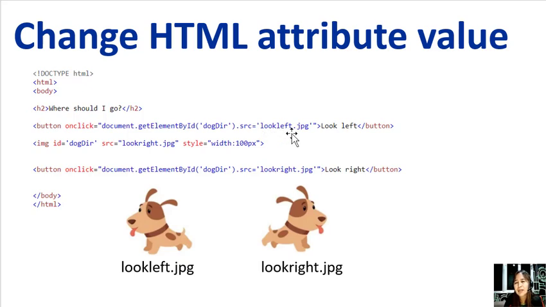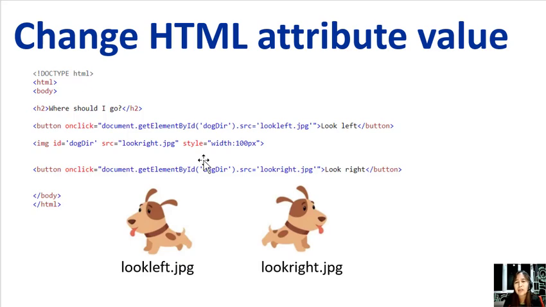So it's actually as simple as that. Now, you have here another button that if someone clicks on the button that has a value of look right, it will change the value of that particular image source into lookright.jpg. So here, if you try to understand it, you're simply displaying an image of a picture using the HTML code image source.